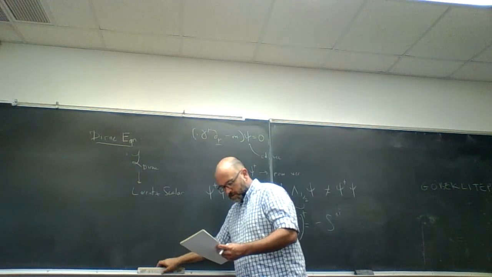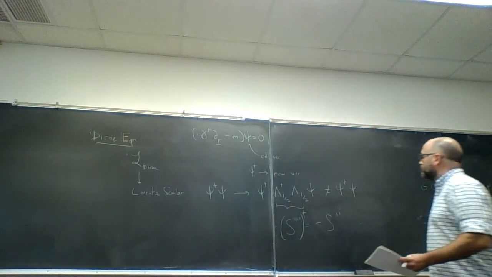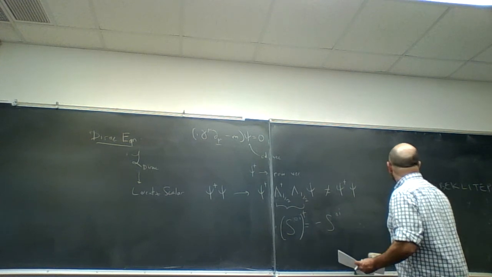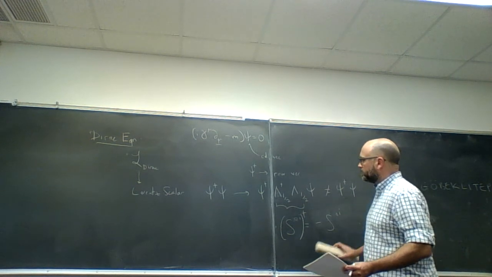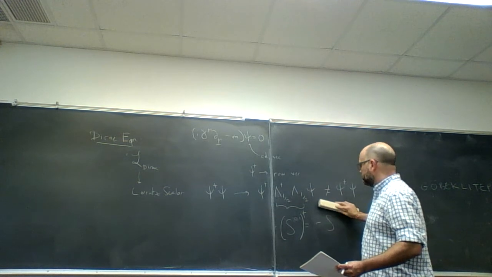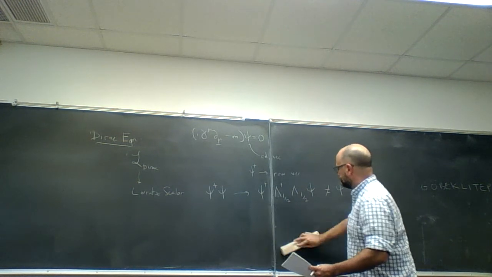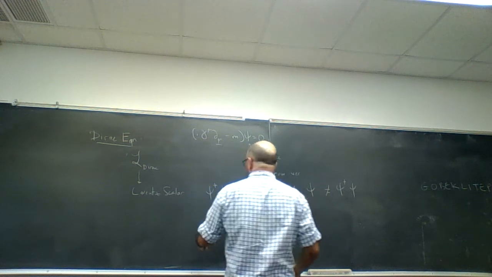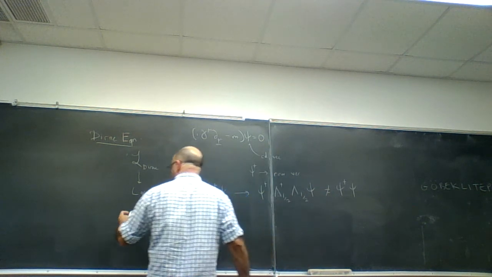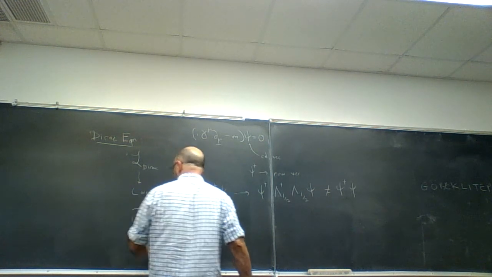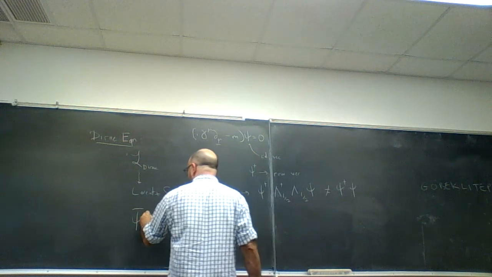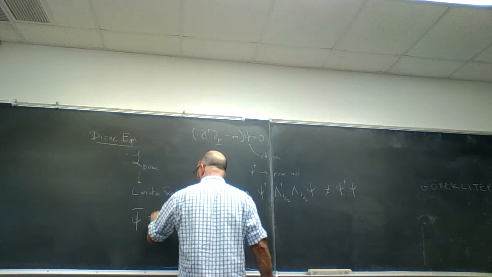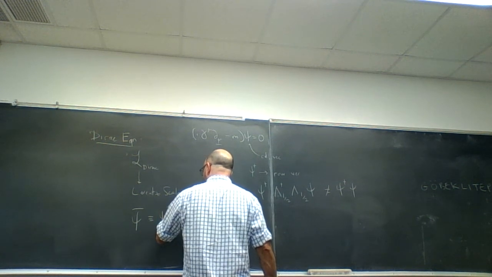But I can define a new quantity. I'm going to call it psi bar, and define it as psi dagger times gamma 0.